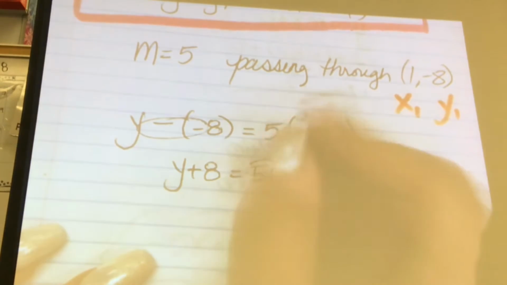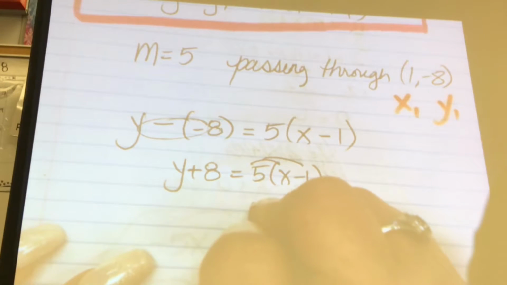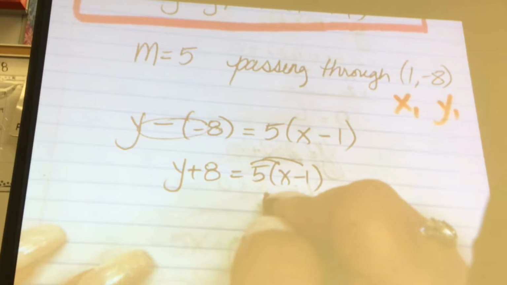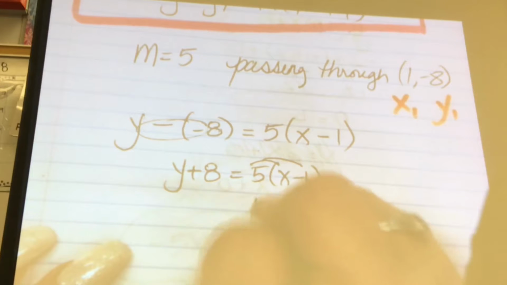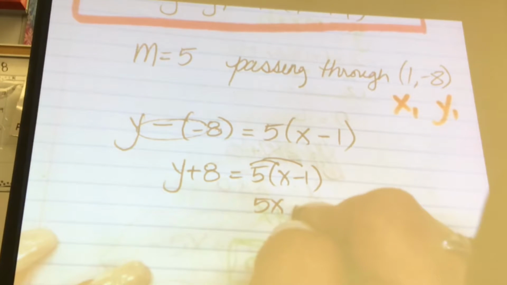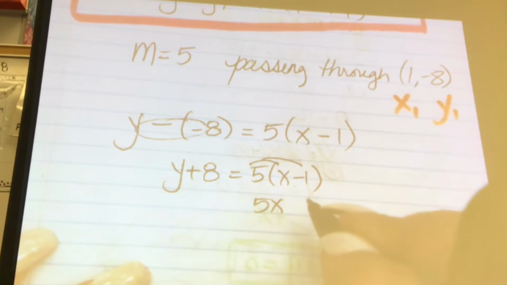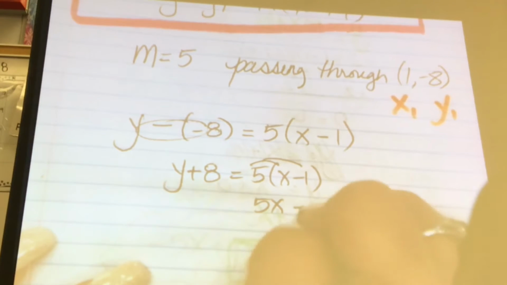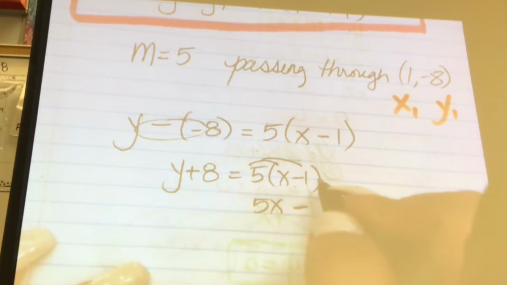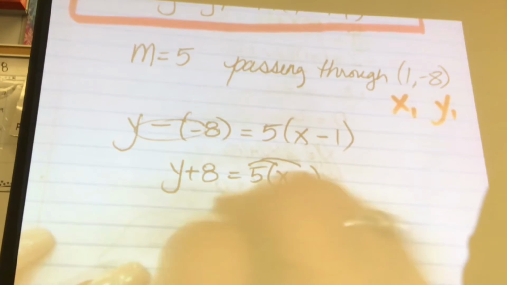Dillinger, can we do grandma real quick? What's 5 times x? 5 times x is 5x. Beautiful. What's 5 times negative 1? Is that a good marriage or a bad marriage? Bad marriage. What is 5 times 1? Beautiful.